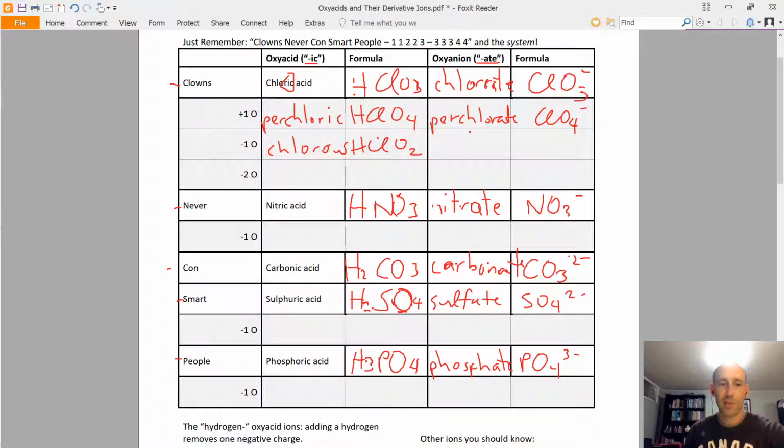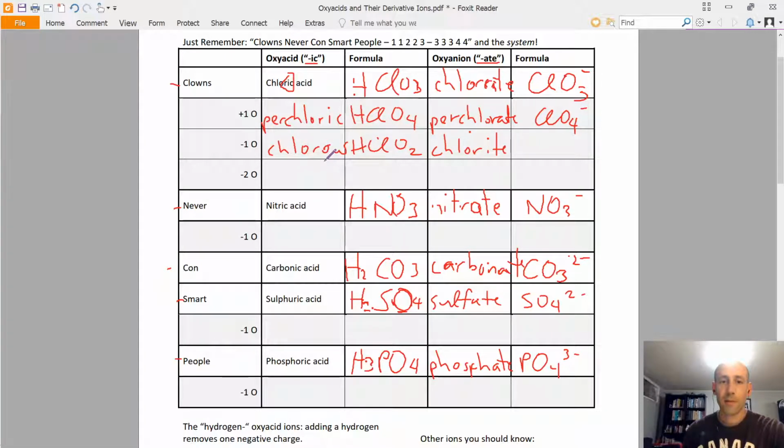By the way, that system is used here when we lose an oxygen, and here, and here. So it's not like, oh, this is so random. It's not random at all. We're going to lose an oxygen, and the ic changes to an ous. Okay, so that's chlorous. Now, what do we call the ion? Well, instead of ate, if it's lost an oxygen, it's the ite ion. So this is chlorite.